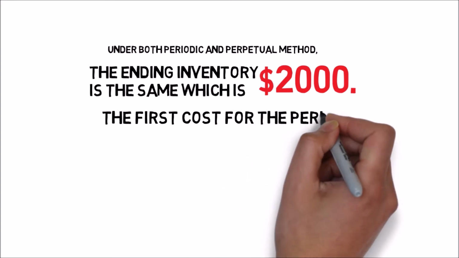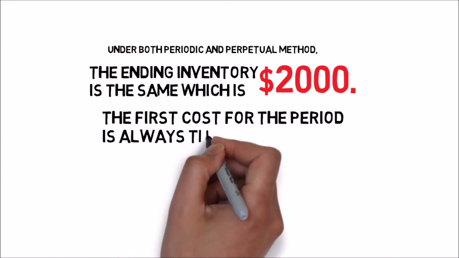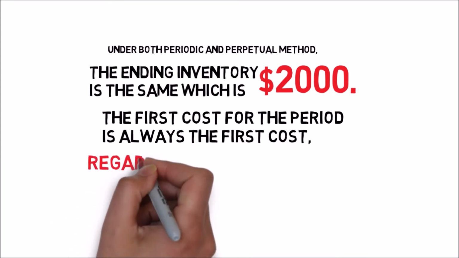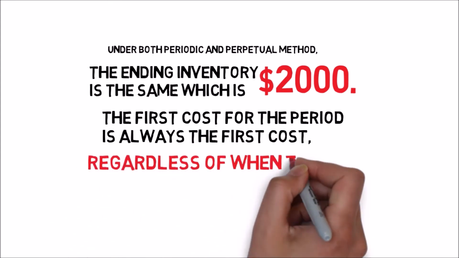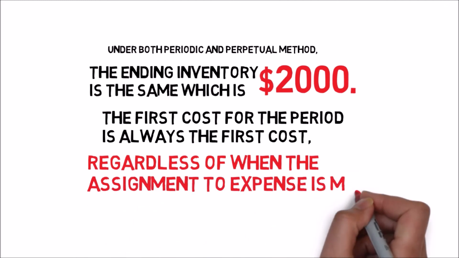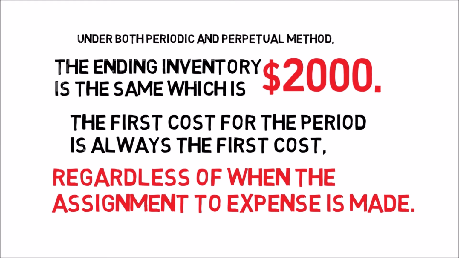This is because the first cost for the period is always the first cost, regardless of when the assignment to expense is made. Thus, the resulting amounts will be the same using either FIFO system.